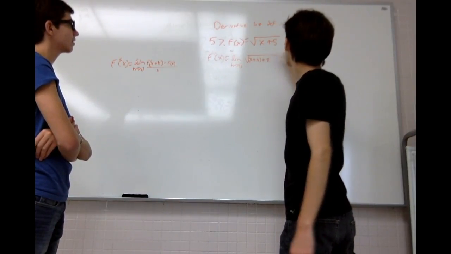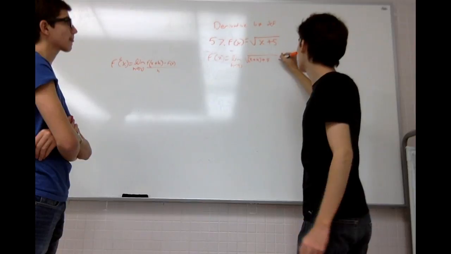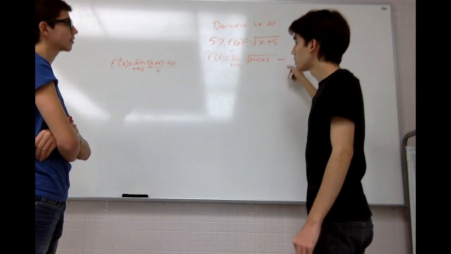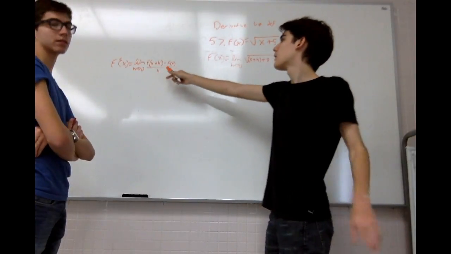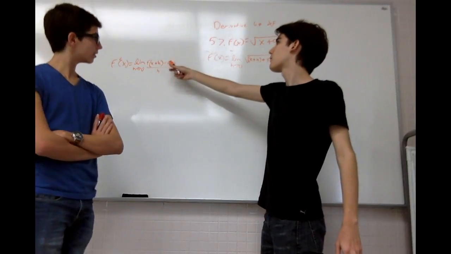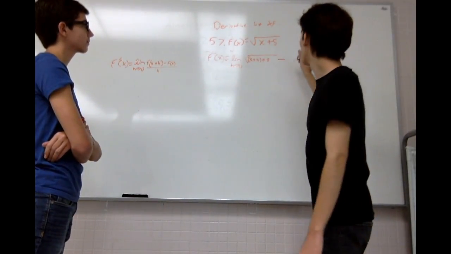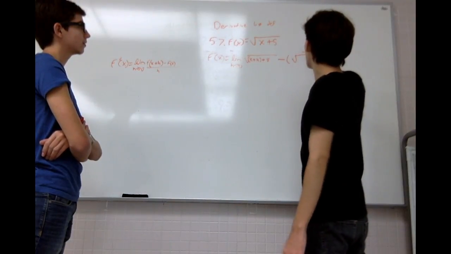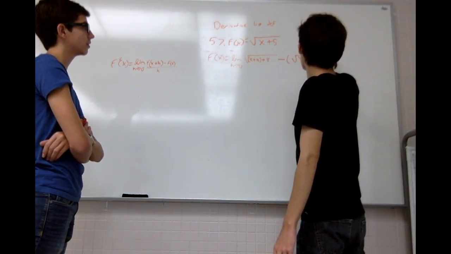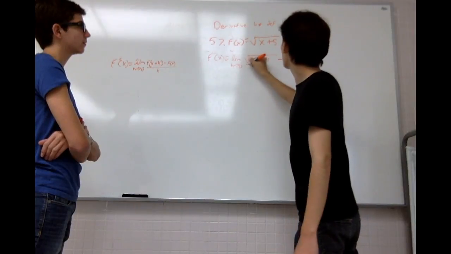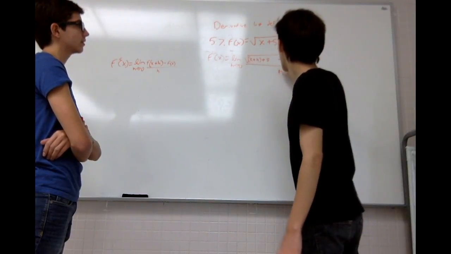Plus 5. Then we're going to add a negative, due to the fact that in our formula we have negative f of x, which means that we're going to add this with parentheses. All of it over h.